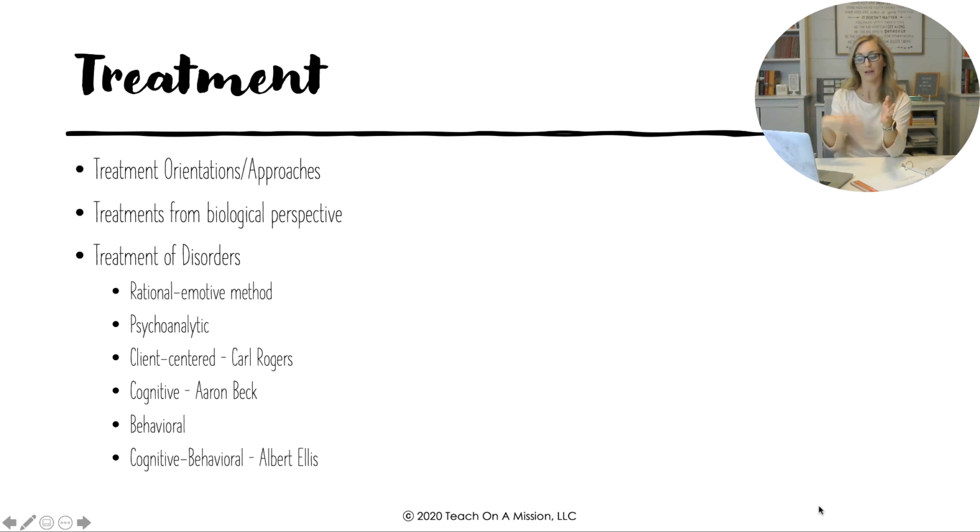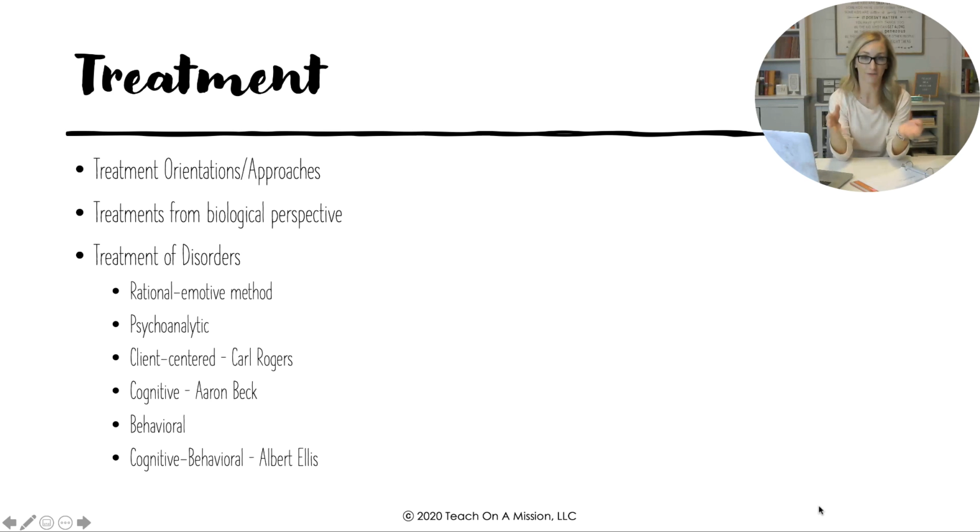And then if they add the behavioral realm to that, they then use things like counter conditioning, right, to treat the behavior itself and to get that behavior gone. Rational emotive behavior therapy being the most controversial type of therapy.